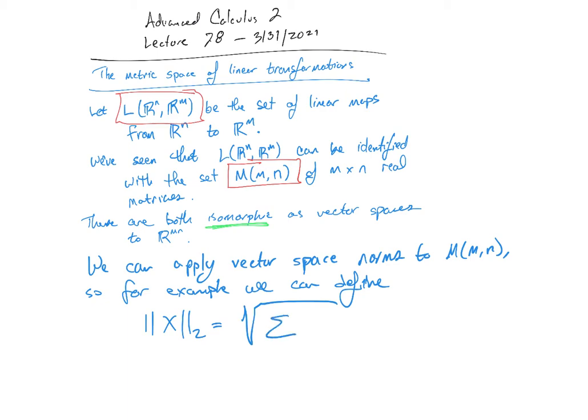Okay, the 2 norm would be exactly what you expect, so long as you're looking at a matrix capital X, which is m by n.